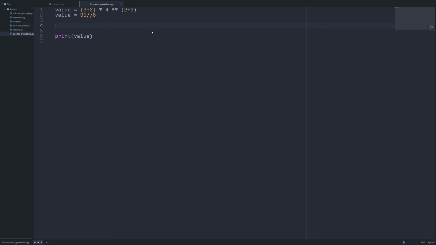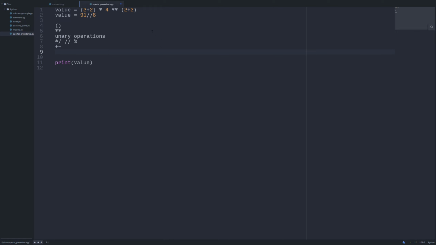Let's just go ahead and say it's going to be parentheses, followed by exponents, followed by our unary operations, followed by our multiplication, division, floor division, and modulus. Then it's going to be our addition and subtraction.